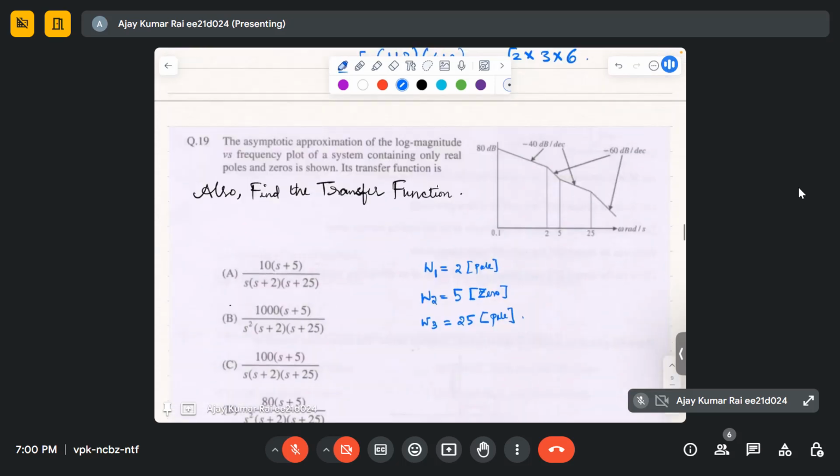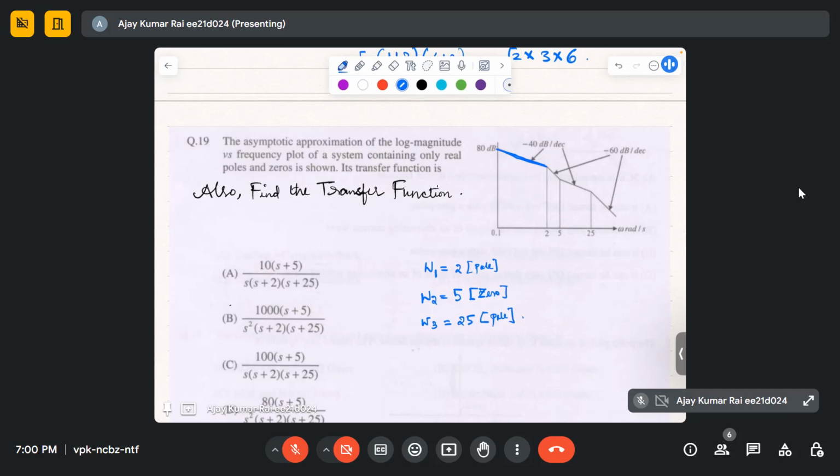One important piece of information we are given is this. You also have to account for the initial slope. This is the initial slope, minus 40 dB per decade. What can you tell about this?